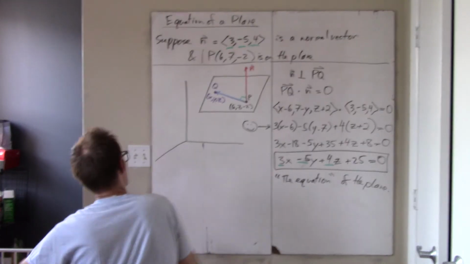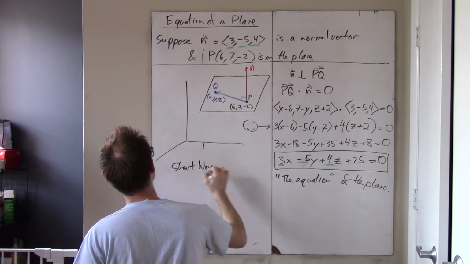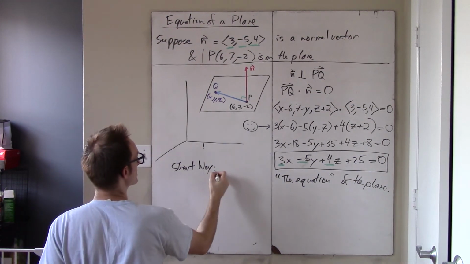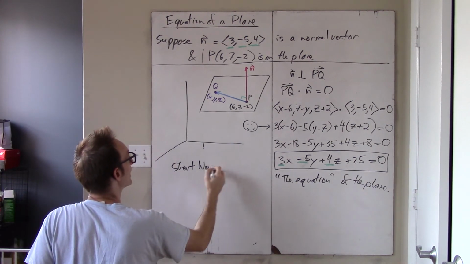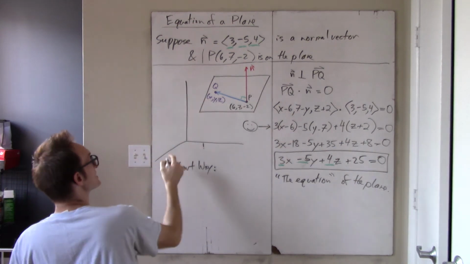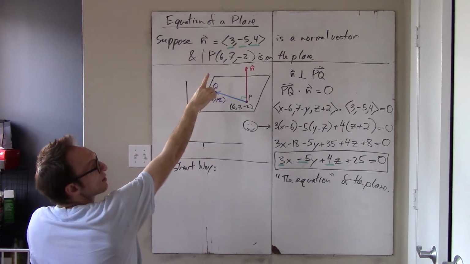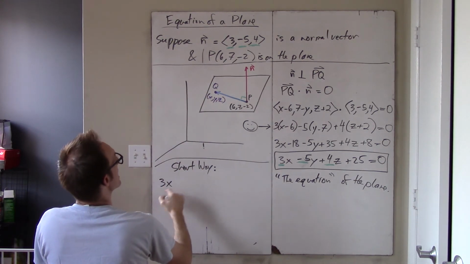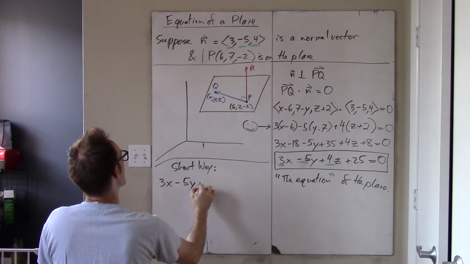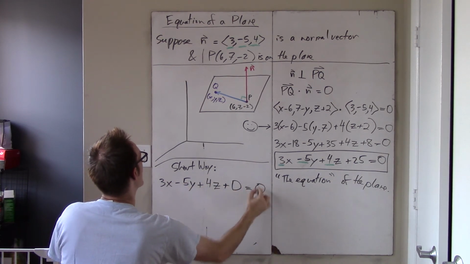But in the future, there is a short way, a shortcut to doing problems like this, which is to just know that this is always going to happen. If I were to do this entire problem over again, I would just see that the normal vector is 3, negative 5, 4, and immediately skip to 3x minus 5y plus 4z, and the only thing I don't know is the constant.